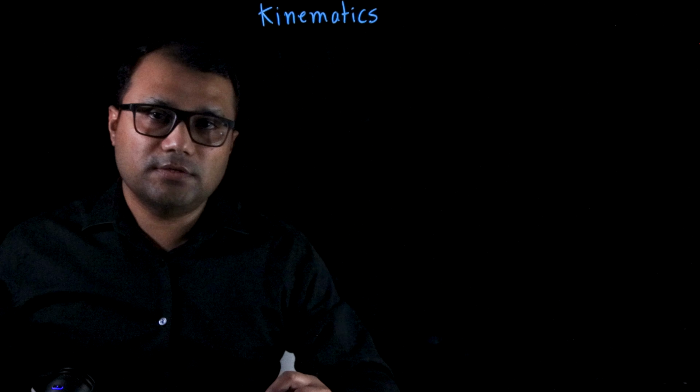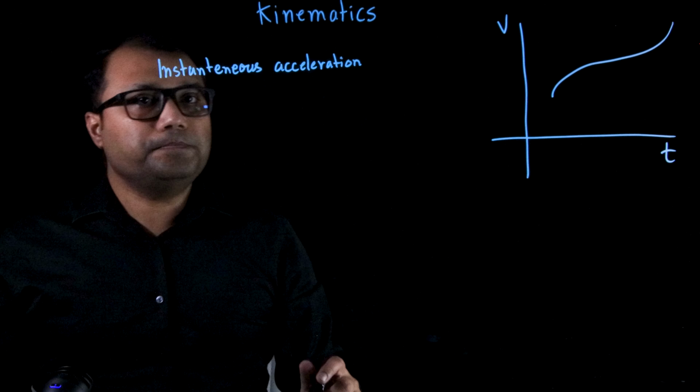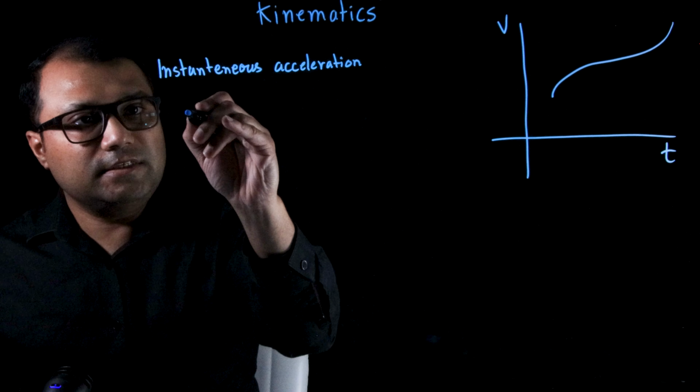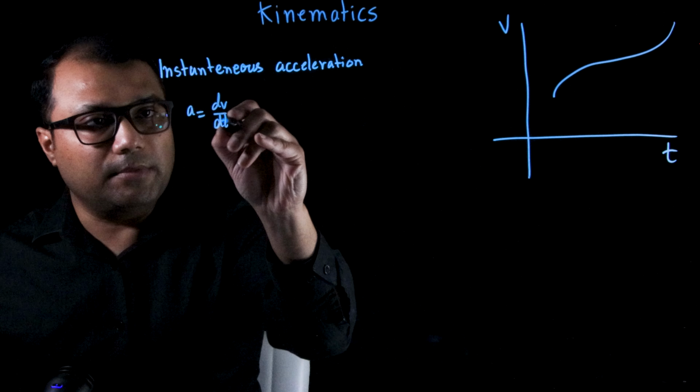Moving on to the next concept, we'll talk about instantaneous acceleration. So let's draw the velocity time graph one more time. Okay. Now instantaneous acceleration is the slope of the velocity time graph.